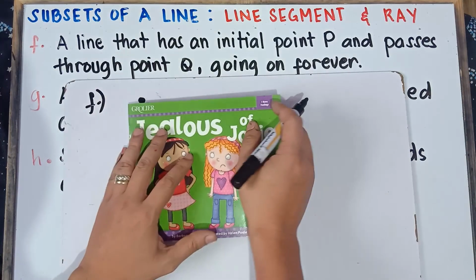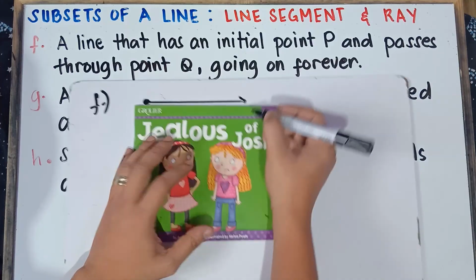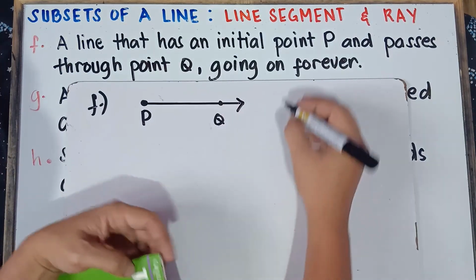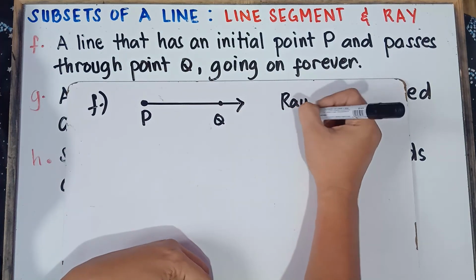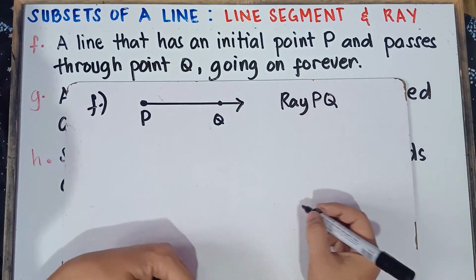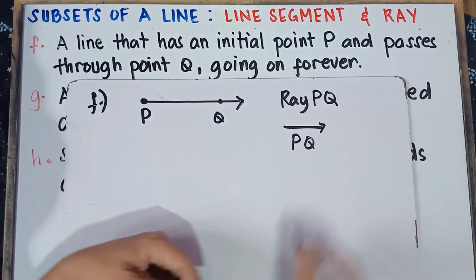So this will be ray PQ. Once again, class, P and then Q, or we can have the symbol ray PQ.